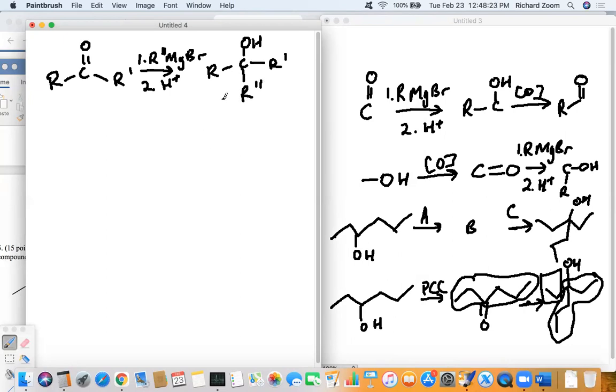But the point is that you can see that this R double prime group, which comes from a Grignard reagent, is added to the C that has now an OH on it. If I wanted to do a mechanism, this is what the mechanism would look like, and you can see how this relates.